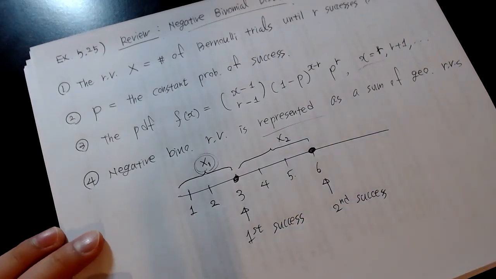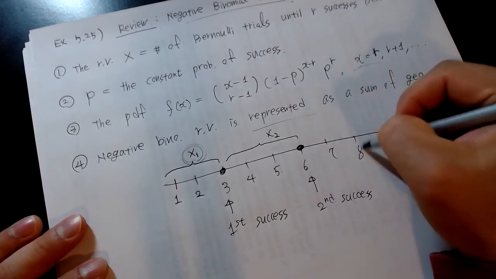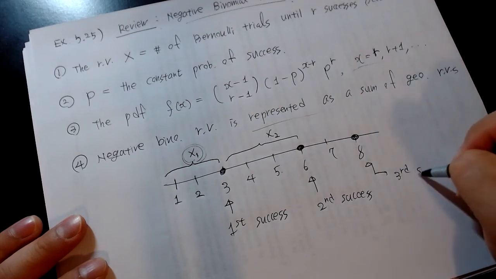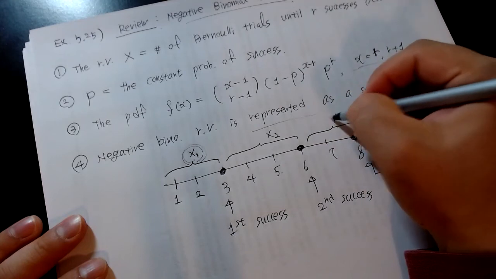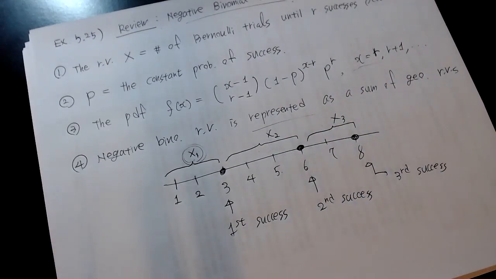And then X3 is going to be 7 and 8, so we got the third success right here. This is X3. So X1, X2, X3 can be considered as geometric random variables.